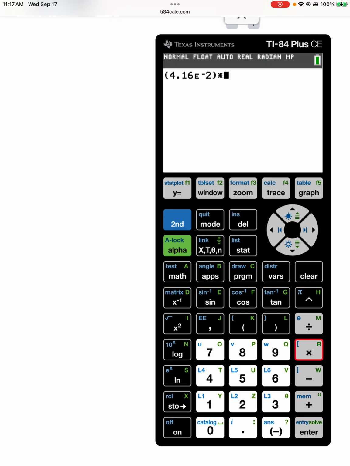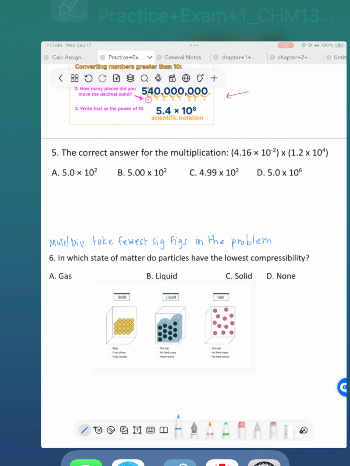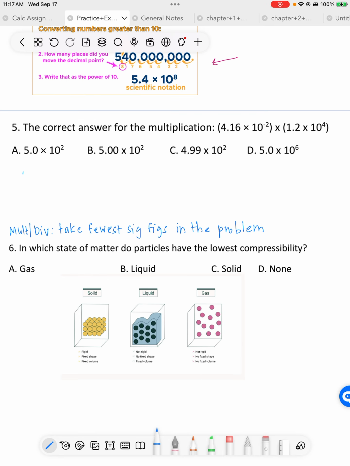Okay, and we're going to multiply by 1.2 second EE to the 4th. And we get 499.2. Come over here and write 499.2. But remember, this isn't our final answer because we need to go to the correct number of significant figures.